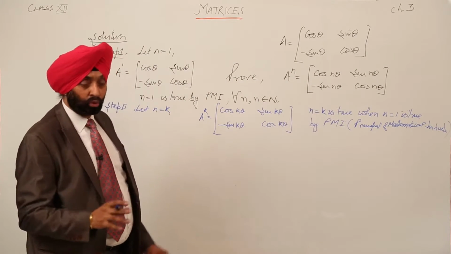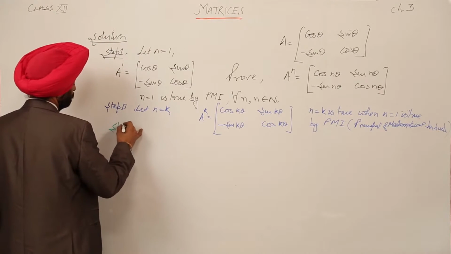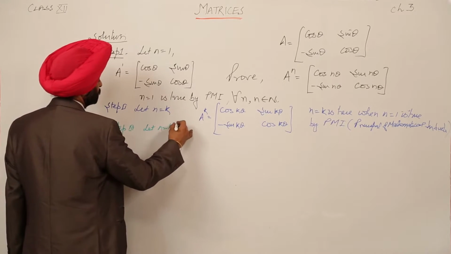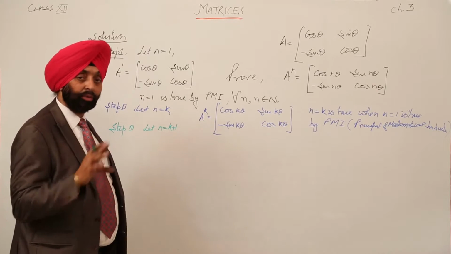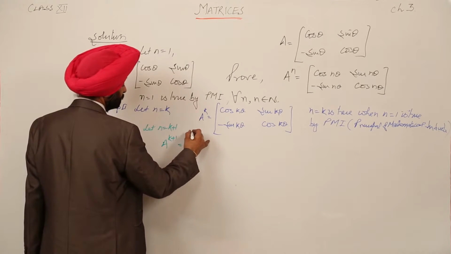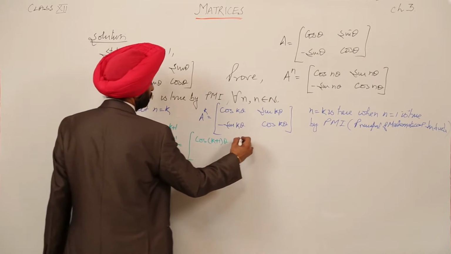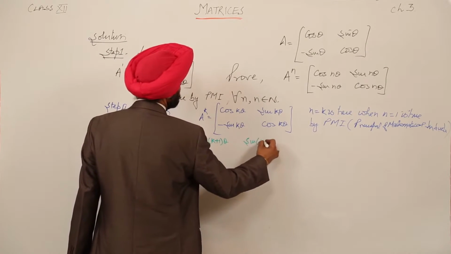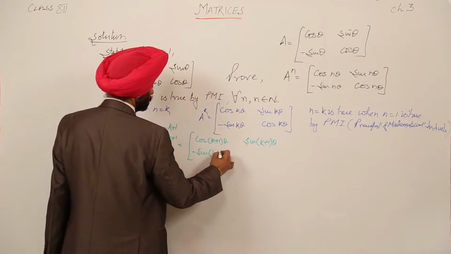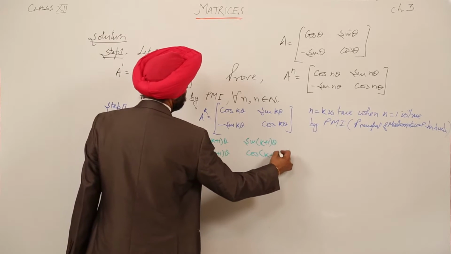Step 1, step 2, step 3. Now, step 3 is what? Step 3, let n is equal to k plus 1. You have to put in place of n, k plus 1. Okay. Now A raised to power k plus 1 is equal to cos k plus 1 theta, sin k plus 1 theta, minus sin k plus 1 theta and cos k plus 1 theta.